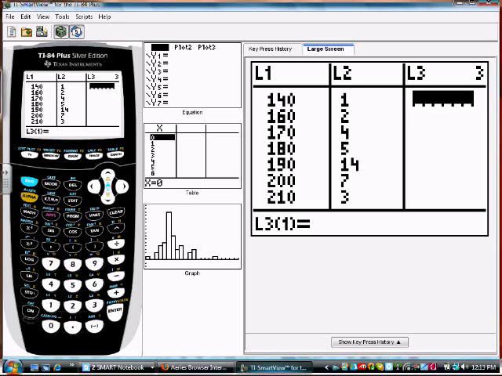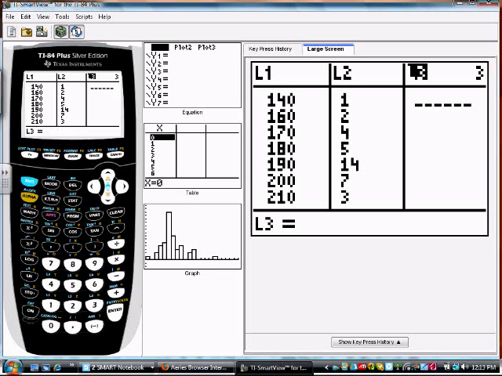All right, go over to list 3. If you've got anything in list 3, arrow up, hit clear, and enter. In list 3, I'd like to put the relative frequencies that we were starting to make on that page before. What I was doing was taking every number in my frequency list, L2, and dividing it by 46.